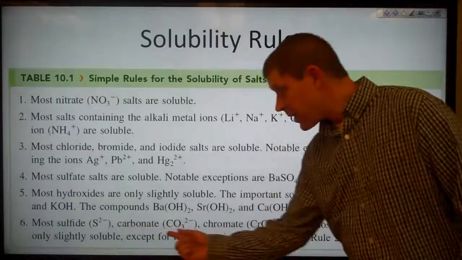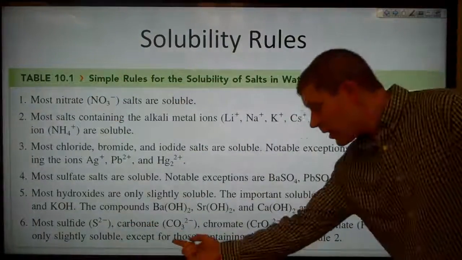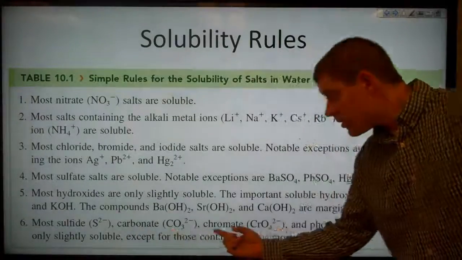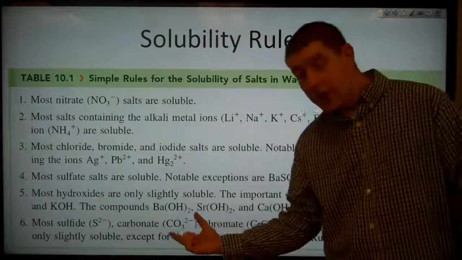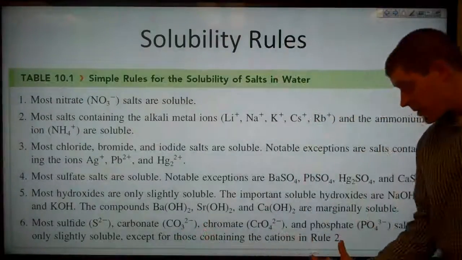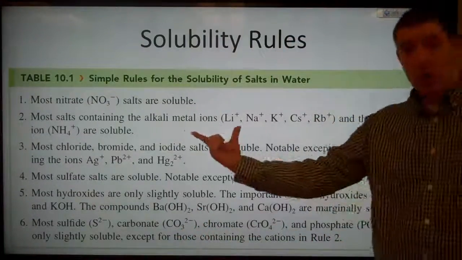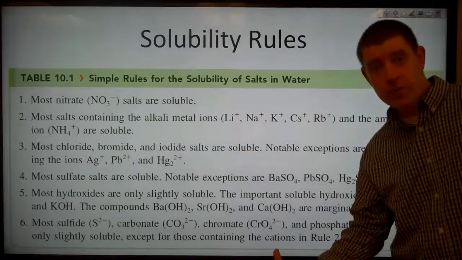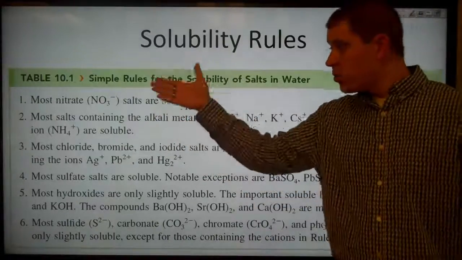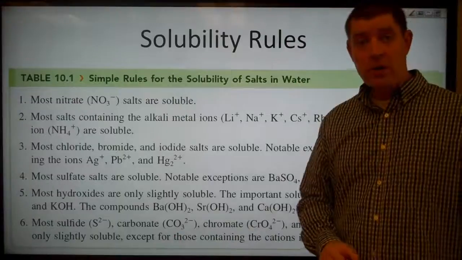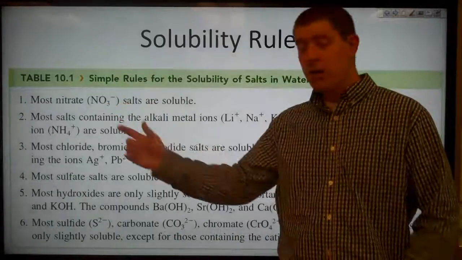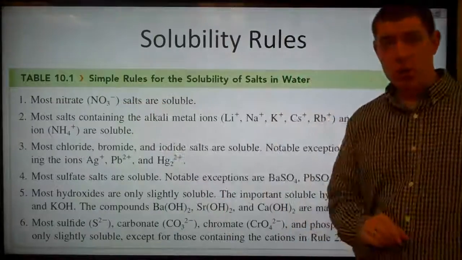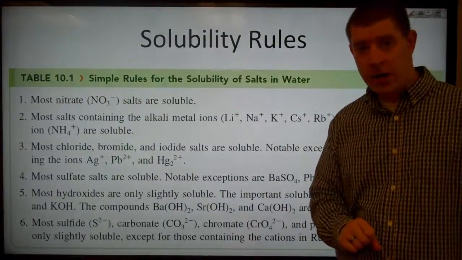Just like in rule 6, where it said most sulfides, carbonates, chromates, and phosphates are only slightly soluble, except those containing the cations in rule 2, that means that basically rule 2 supersedes rule 6. And so you read down from the top. So if you have some compound that contains a nitrate, you can stop. You don't need to read through the rest of the rules. You know that that compound is soluble.